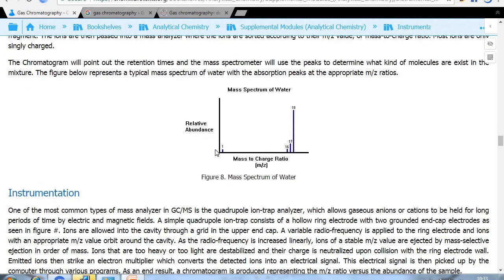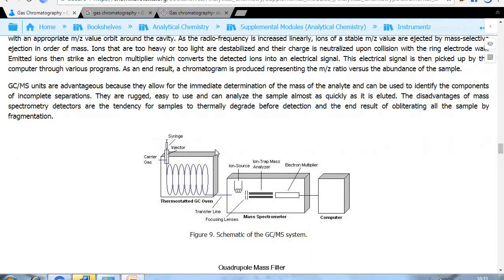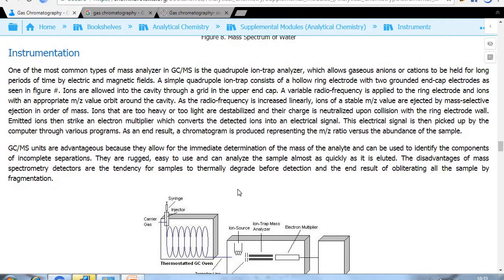Here, if you see the instrumentation, when it is coupled with mass spectrometry, this is the instrumentation. Here you have the GC, and this is coupled with the mass spectrometry. In mass spectrometry, what is actually happening is you use a radio frequency, and whatever sample is eluted from the gas chromatography will be bombarded with this wave, and you will get charged particles that are emitted.